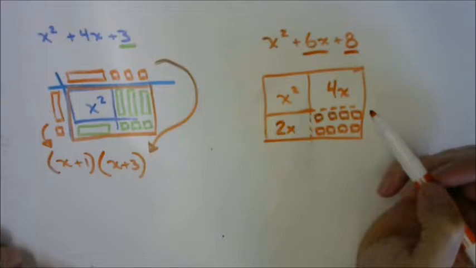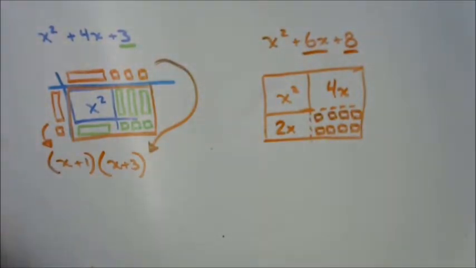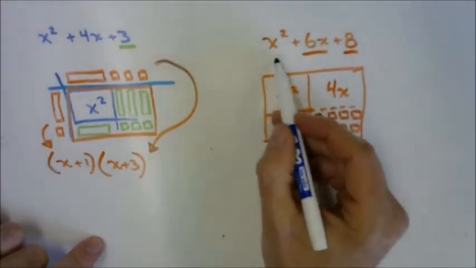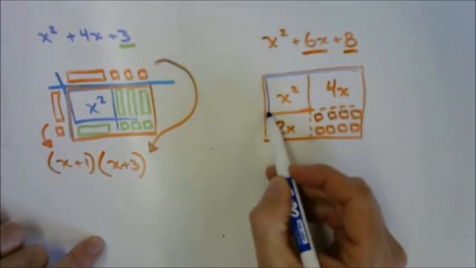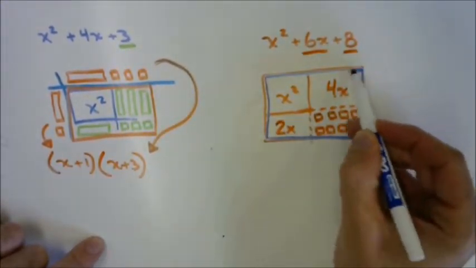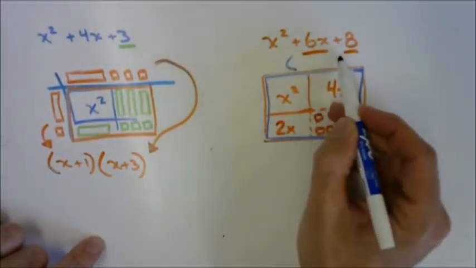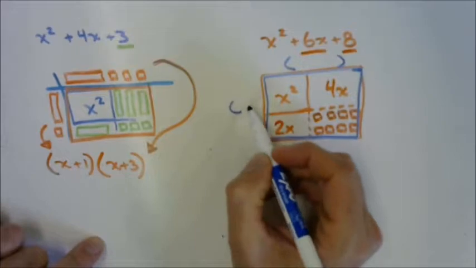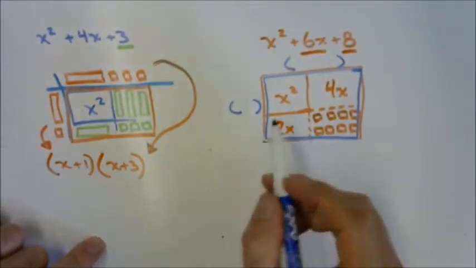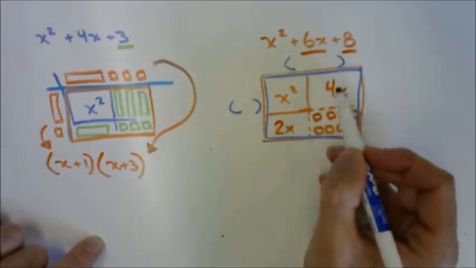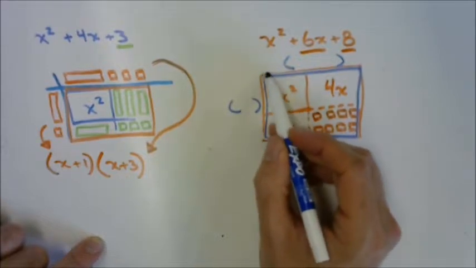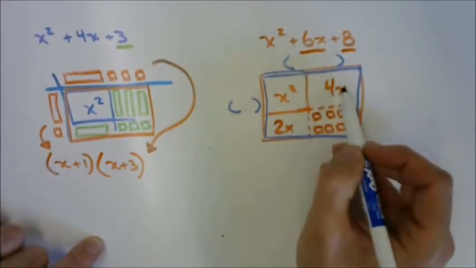Yep. So now all we have to think about is that in factored form, the trinomial is the area of the rectangle, and the factors are really just the length of this side and the length of this side. So the length of our top side here is x, and how many x's?